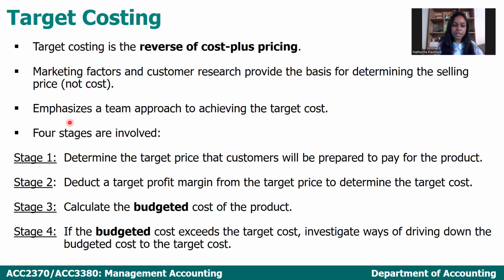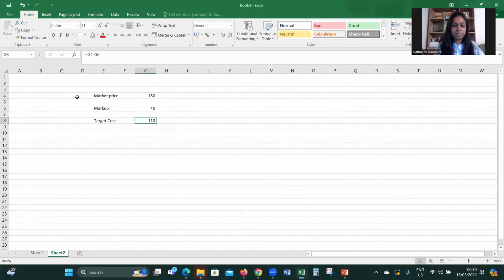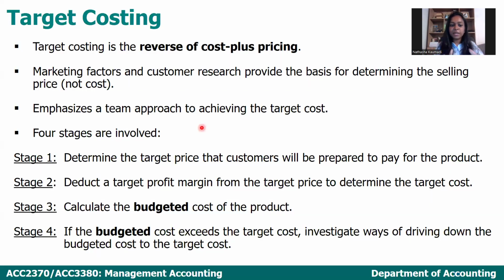So what are the stages? There are 4 stages when it comes to target costing. Step 1, determine the target price that customers will be prepared to pay for the product. This is the market price. You first determine the target price, not the cost. You take the price first. After that, deduct a target profit margin from the target price to determine the target cost.